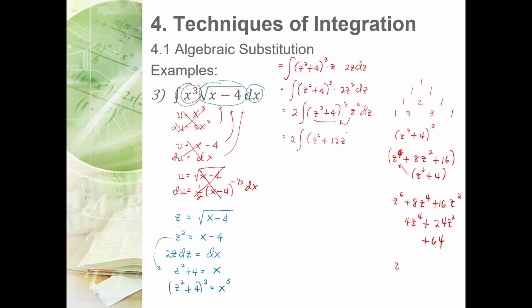So combining the terms, you have z to the power of 6 plus 12z to the power of 4 plus, this one would be 40 z squared plus 64. Correct me if I'm wrong, the 24z squared plus the 16 gives 32 also. So this one is instead 48, no?